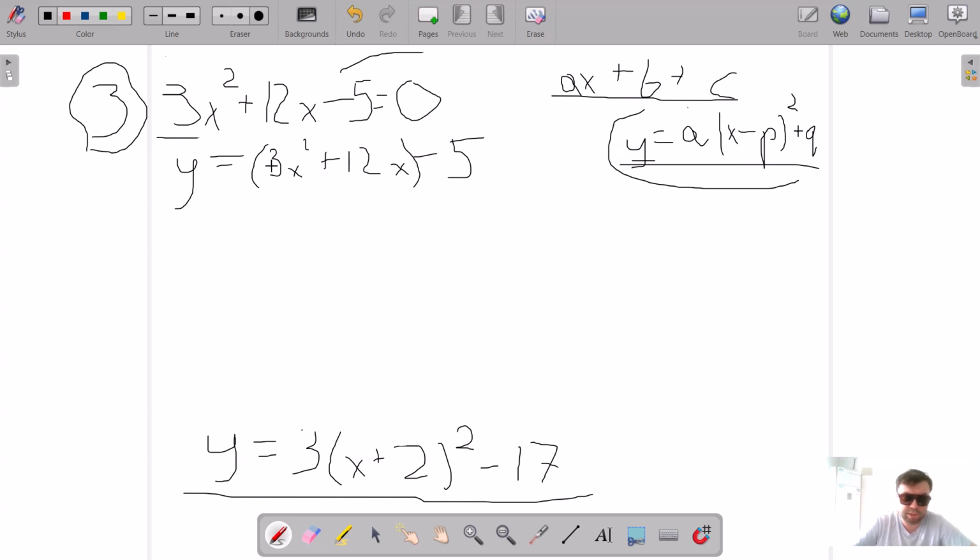What will be next? We'll factor out 3x. So y equals 3x times x plus 4, because 3x times 4 is 12. This one we leave alone, untouched.